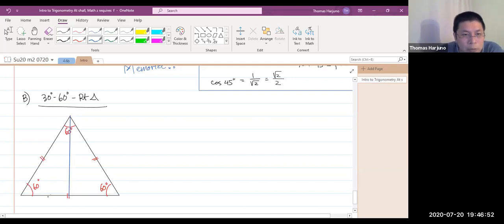So it will be bisected, right? And the angle will also be bisected here. And then you will see this is 90 degrees. So if I draw the right triangle, it will be approximately like this.